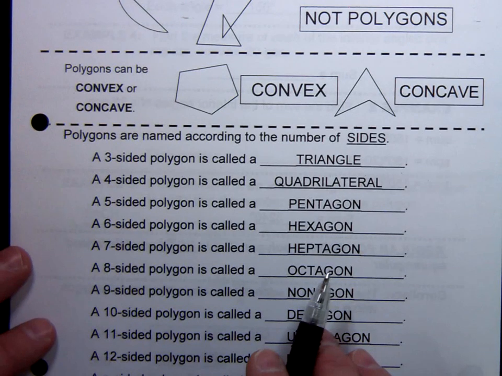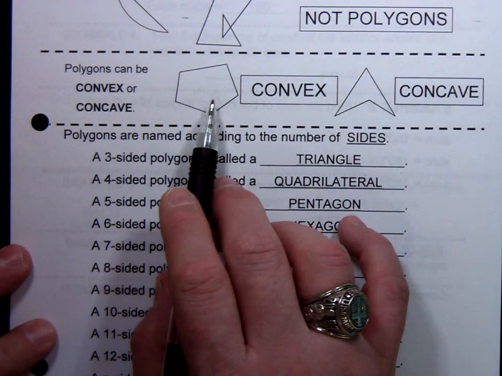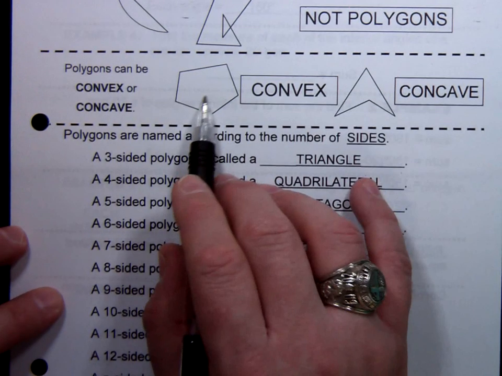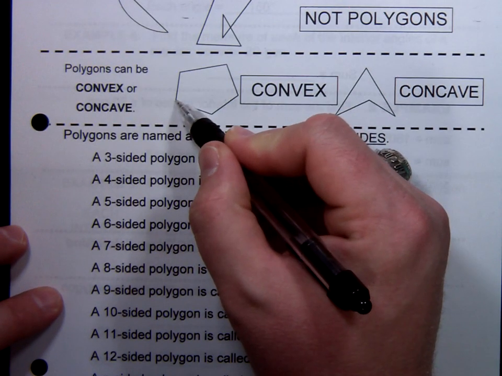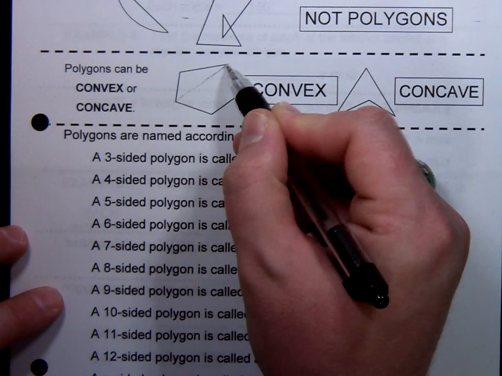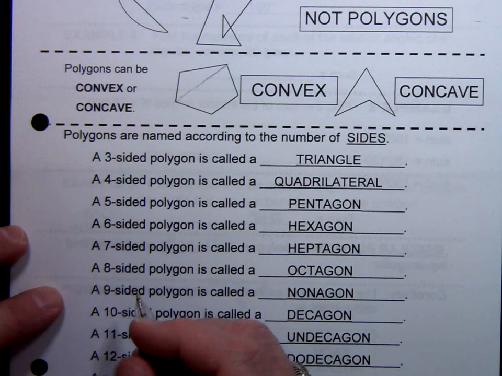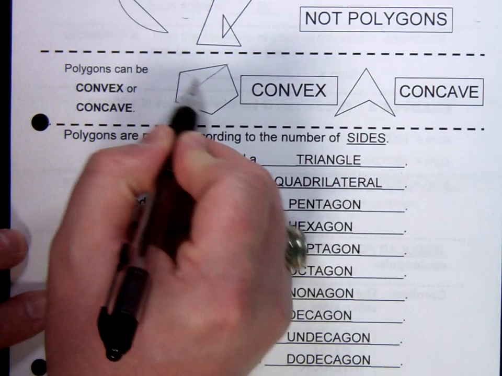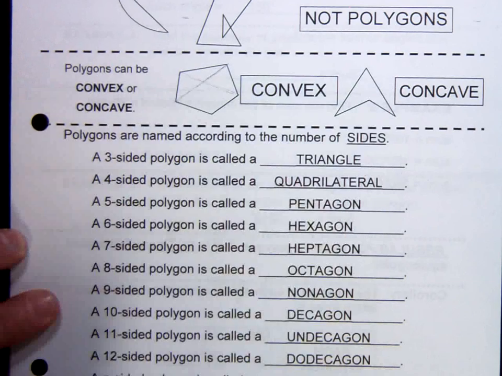There are different types of polygons. Polygons can be separated into convex and concave. For convex, if you try to connect one vertex to another, that line segment will always go through the interior of the figure. If I try to connect these two vertices, that line segment will go through the interior of the figure because it's convex.